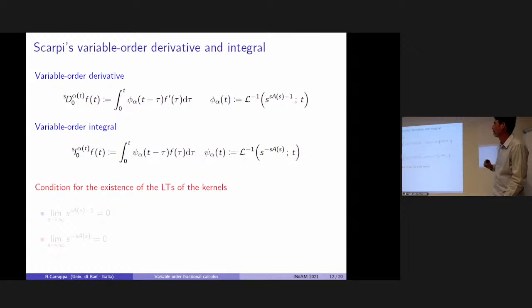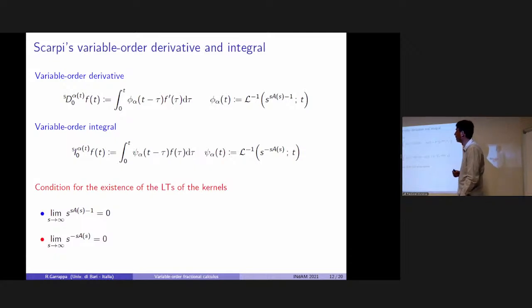And then, it is necessary to consider that there are some conditions in order to ensure the existence of the Laplace transform of the two kernels. We cannot choose any kind of kernel, or better, we cannot choose any kind of transition function alpha of t.